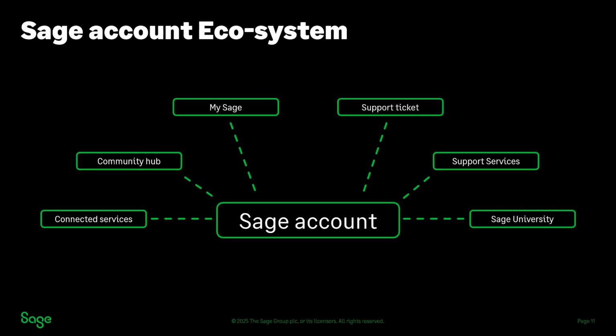Lastly, we've got Sage University. It might be that you've completed some courses on certification and legislation on our Sage University website. So you may already have a Sage account that you can utilize without realizing. That's just one part of the 2FA process already completed.